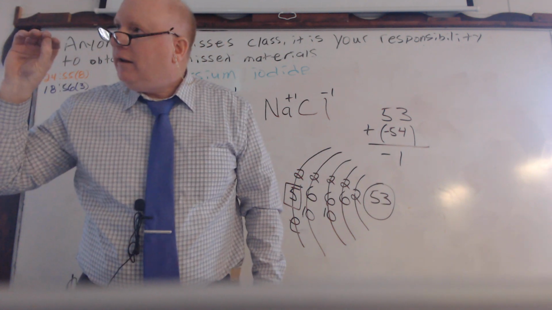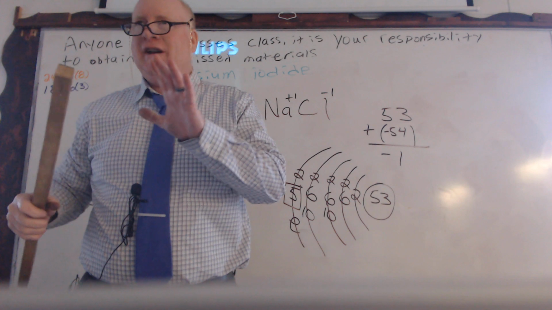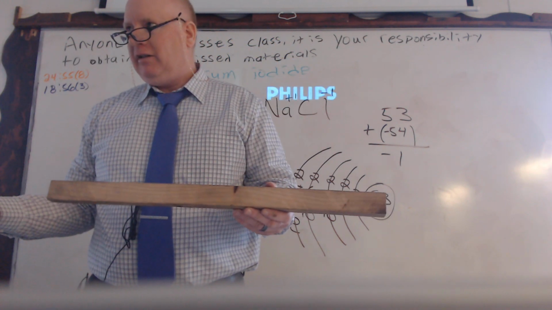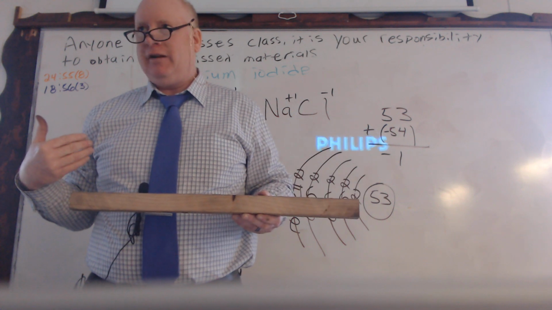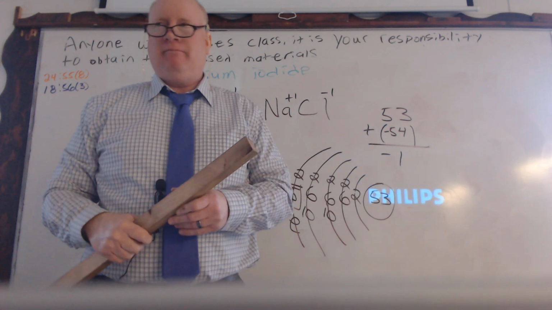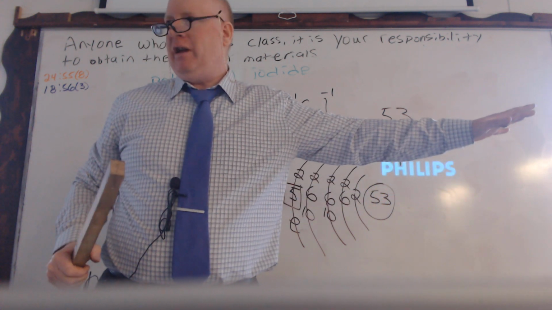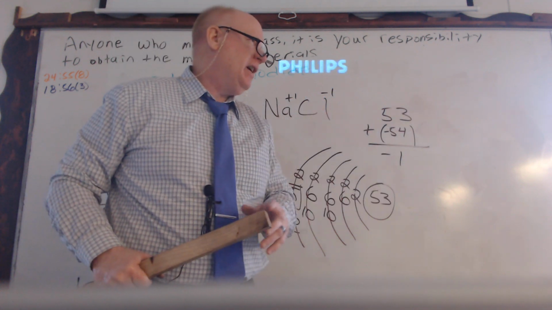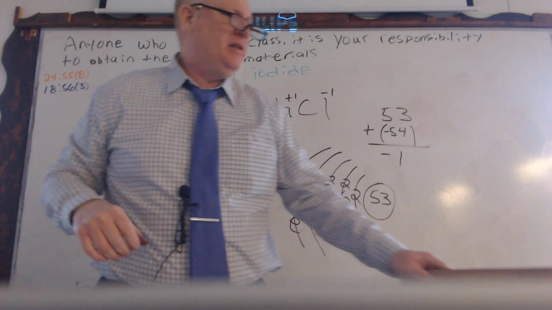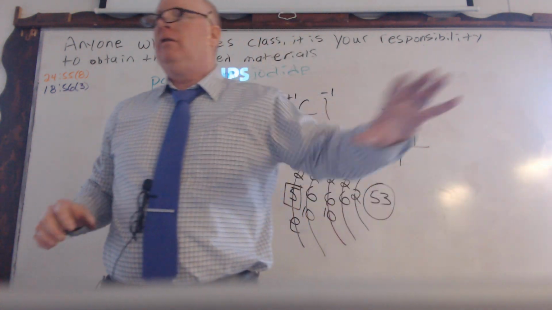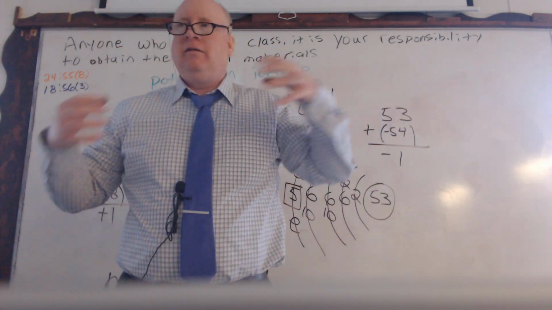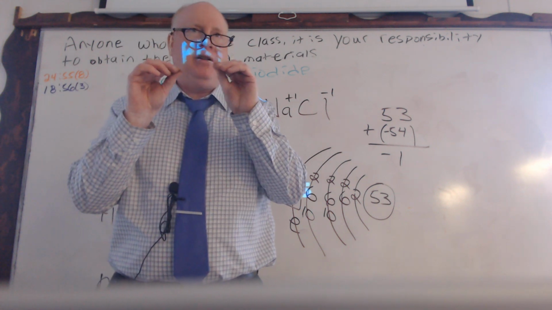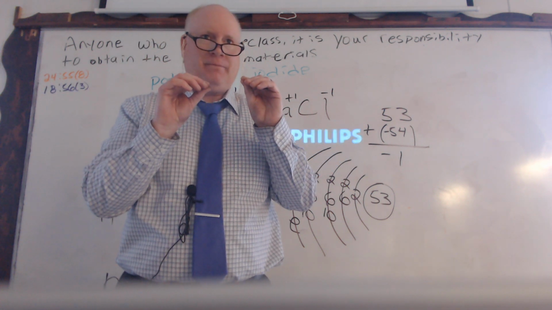So, if you don't want to say, I don't get it in front of your classmates, I understand. Please, get in and talk to myself. I don't think I'm that mean. I'm Mr. Wagner, he's a lot meaner than I am. I don't know. You're not that mean, Mr. Wagner. We let you back in the building, so you must not be that bad. Go talk to Mr. Wagner. Come talk to myself. It's your responsibility to take that initiative.